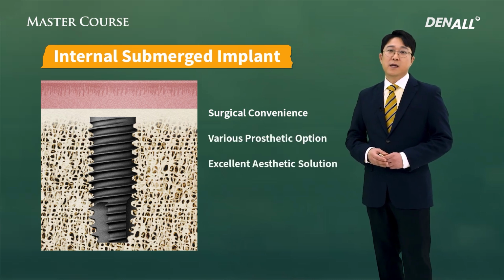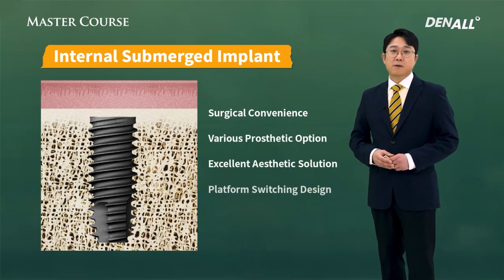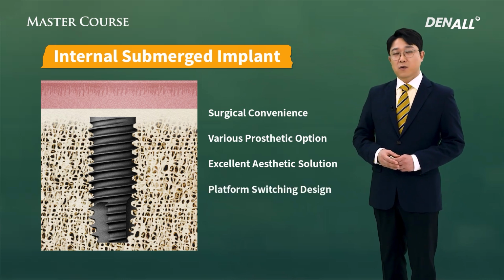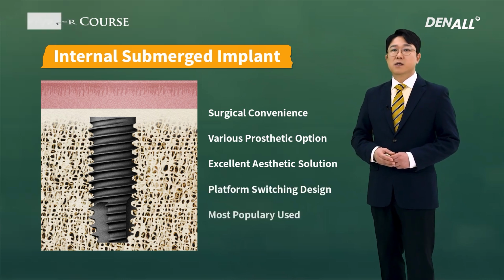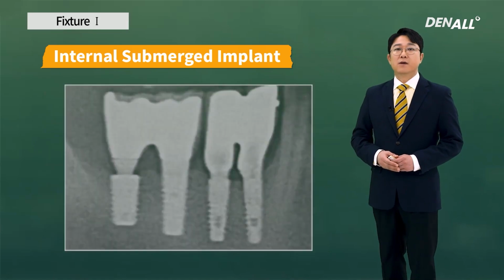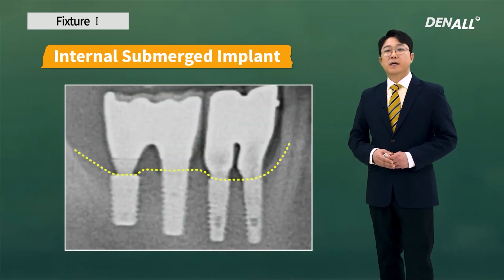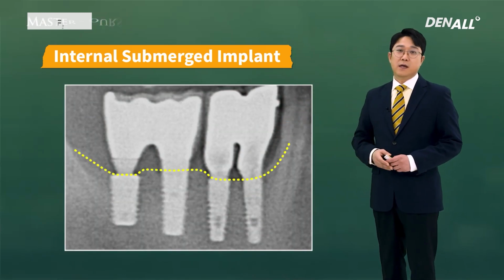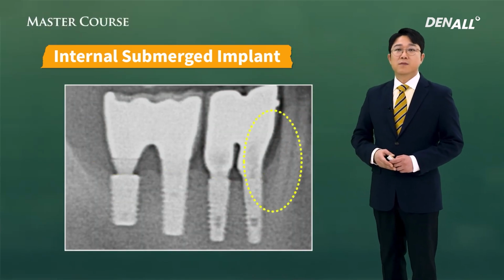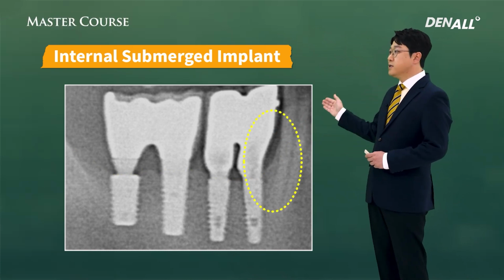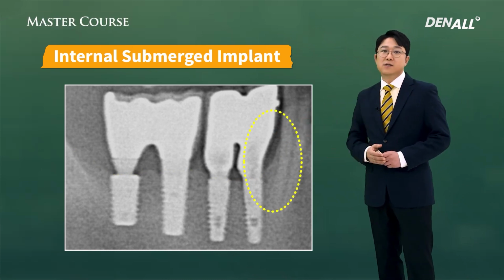It has various prosthetic options, excellent aesthetic solution, and a breakthrough design, the platform switching design, and it is most widely used currently when there is inconsistent bone level. Unlike the conventional implants like external or tissue level implants, stability in the marginal bone is achieved, which was hard to get before.